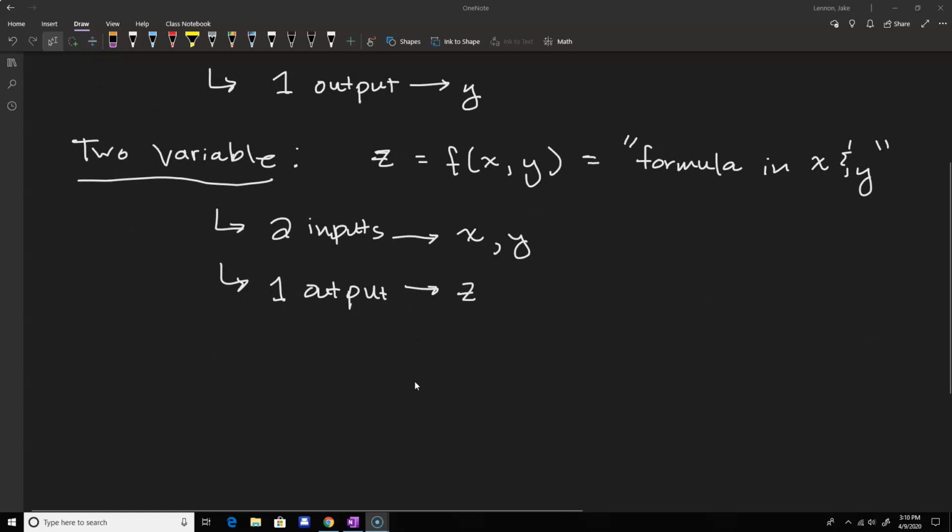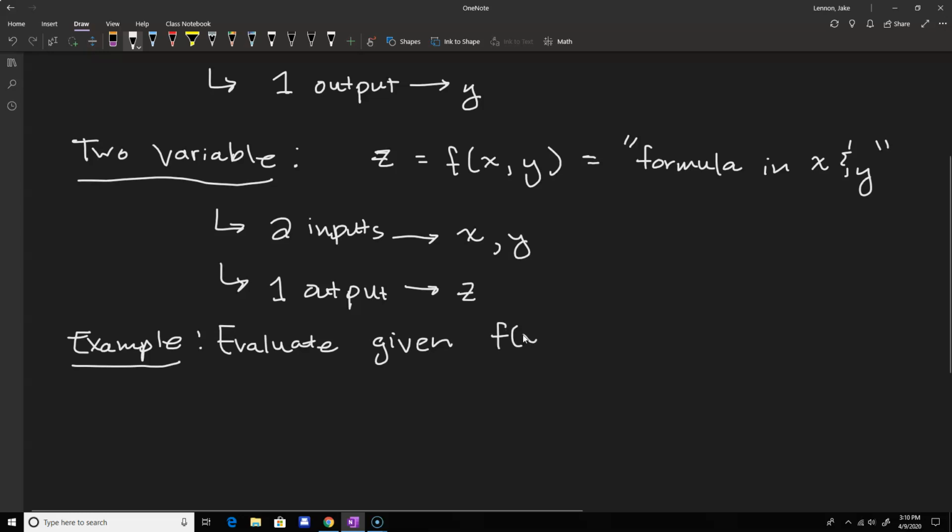Okay, so let's look at some examples where we evaluate some functions. So first example. Given our function f of x comma y equals x squared over 1 plus y squared for this example.